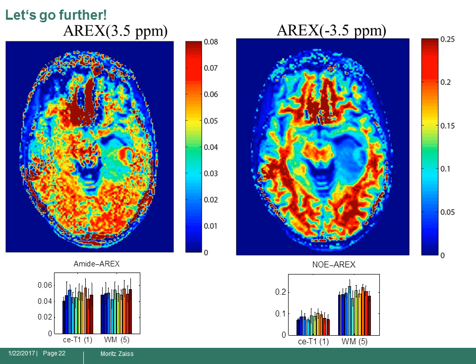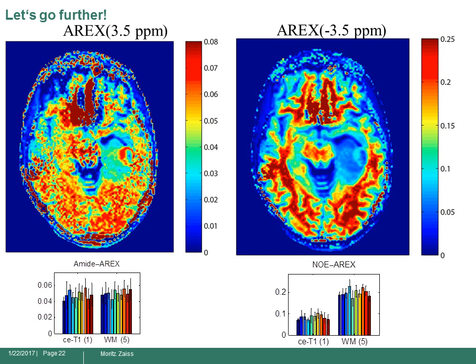So if you look at these two images, and we saw this in all the patients, after correction of T1 and after doing everything correctly, we don't see a contrast anymore. Yeah, so here you see the statistics for all the different patients below the figure. So it's not a significant difference from contralateral white matter. Yeah, this is the contrast enhanced region.